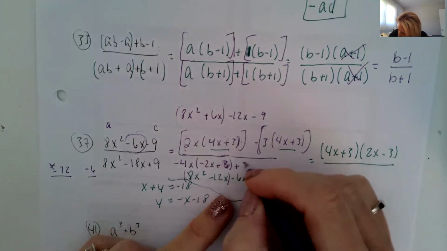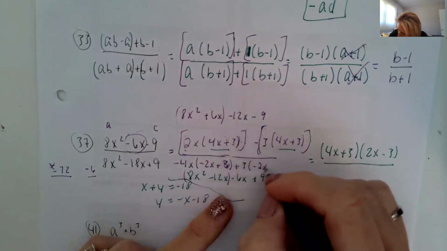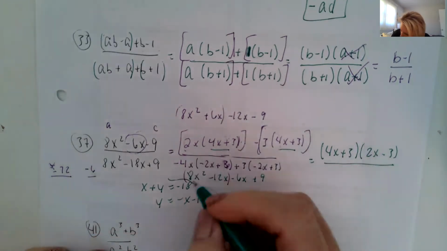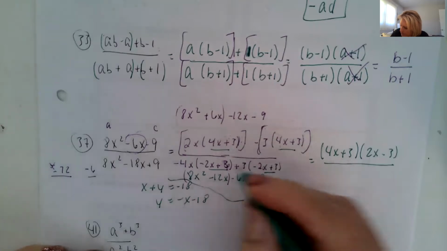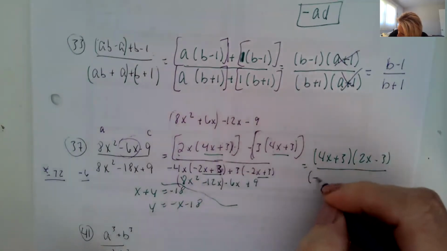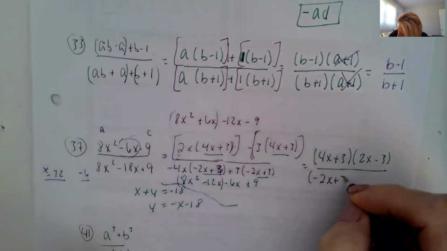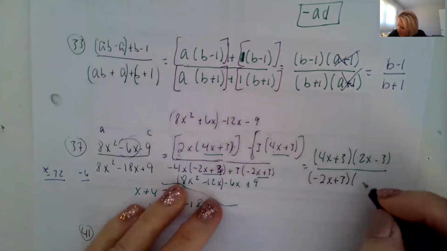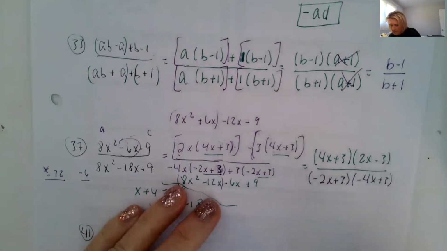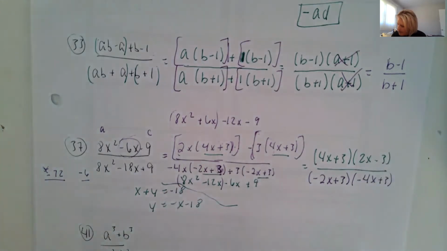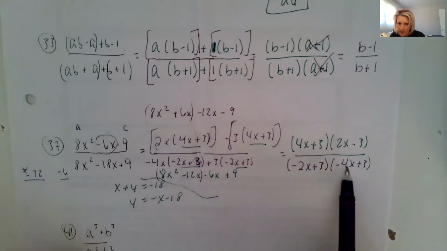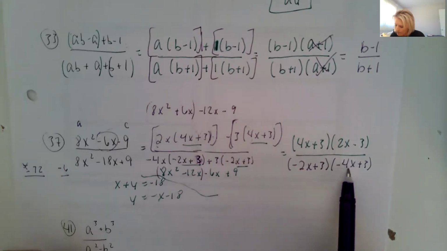So we're going to pull out a positive 3. So we have a minus 2x plus 3 left as well. So that's what's in common, the minus 2x plus 3. And then we have a minus 4x plus 3. Okay, and now look at, we ended up with 4x plus 3 on top and a minus 4x plus 3 on bottom.